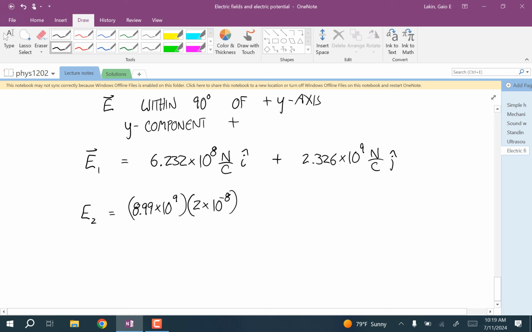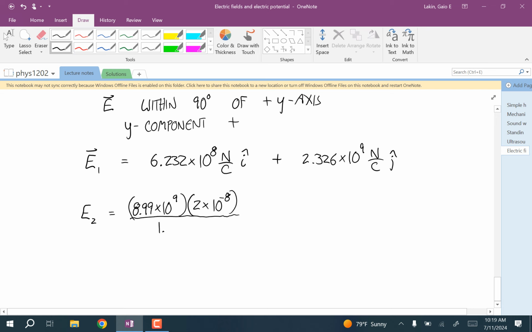Now, this is really important. We're just looking for an absolute value of that charge. So our fixed charge at 2 is negative, but we're not dealing with that yet. We're putting it in as positive and then dividing by the distance between P and the fixed charge 2 squared.